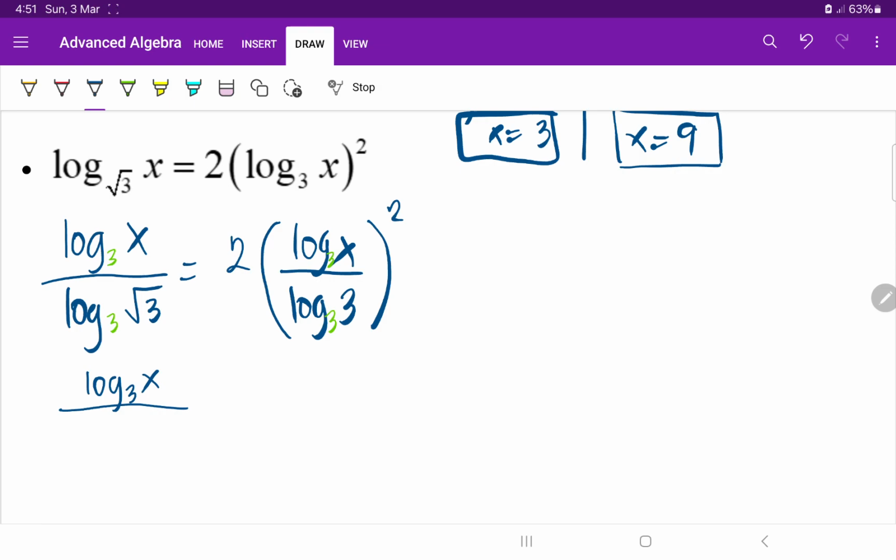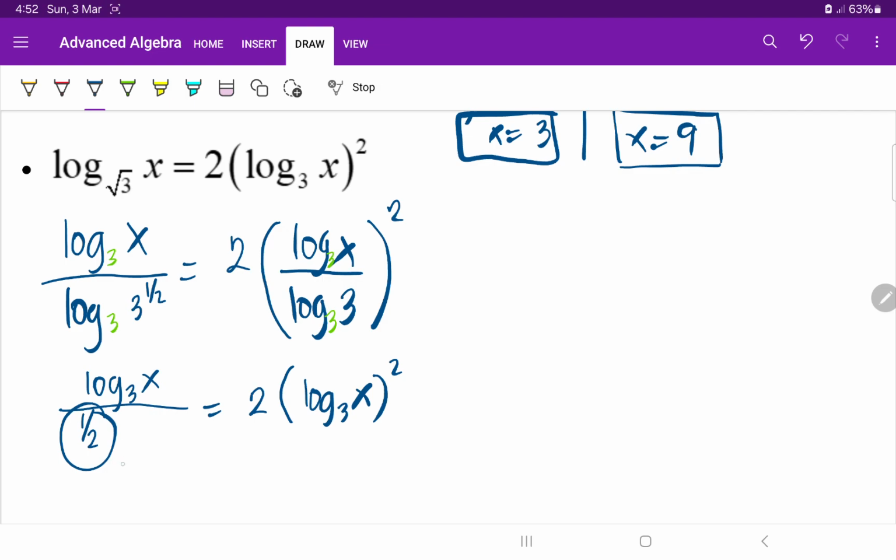So, square root of 3, that is just 3 raised to 1 half. Okay, so this is 1 half log base 3 of 3, which is equal to 1. So 1 half lang yung denominator natin. And for this one, this is 2 times log base 3 of x squared, kasi 1 lang din yung denominator.